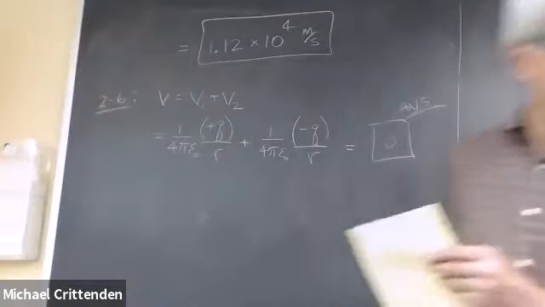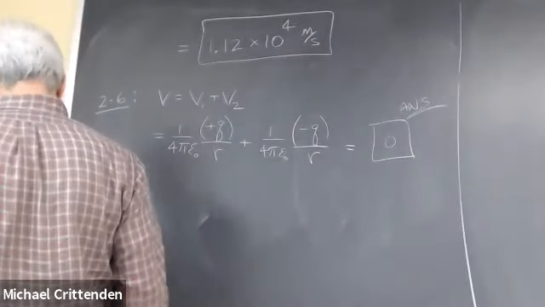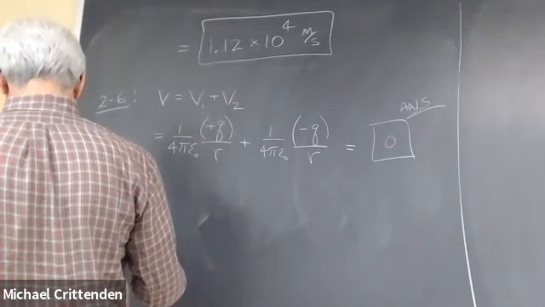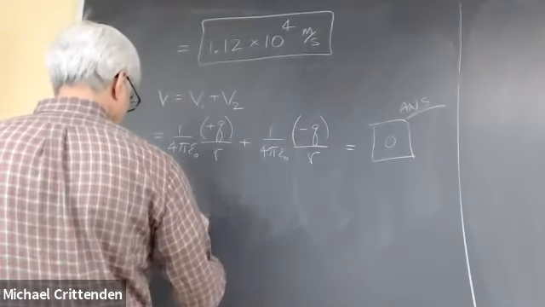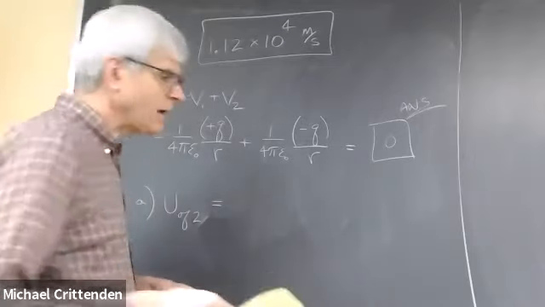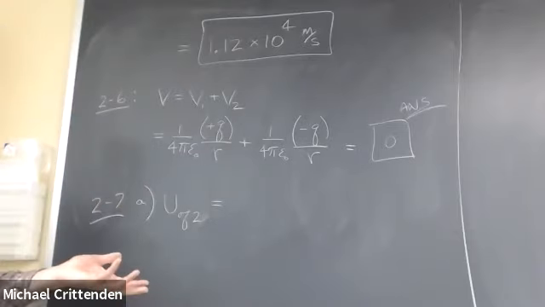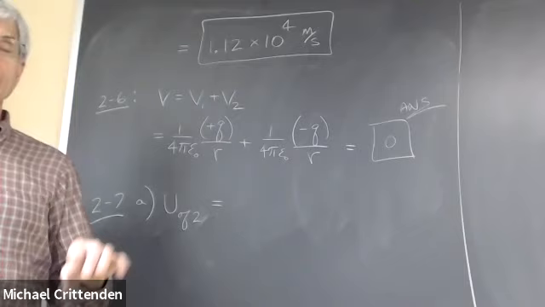Let's see, where am I pointed? So part A, potential energy of the 2 kilograms. Well, it's a superposition thing. This is still under the heading of the superposition principle.